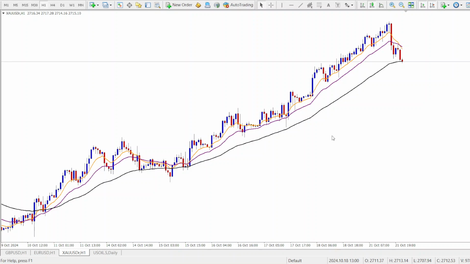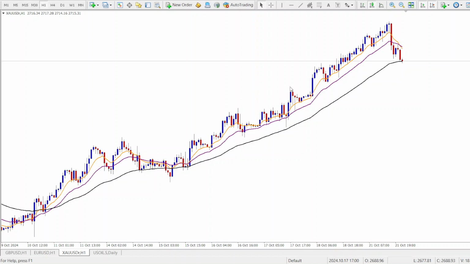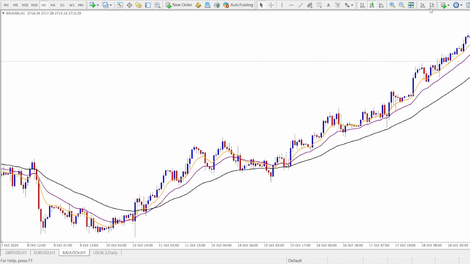Now, you have to understand that the 9 EMA responds quickly to price changes, while the 20 and 50 EMAs provide a broader trend view. To identify the trend, observe how the 9 EMA moves with respect to the 20 and the 50 EMAs.